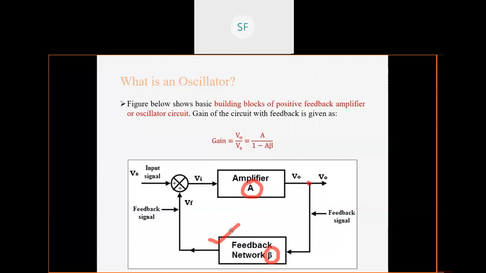Okay, so you should know and remember this block diagram, because maybe in the next session we will see different circuits used as oscillators. In an oscillator we will always discuss two parts in our circuit. The first part will be the amplifier circuit and the second part will be the feedback circuit.